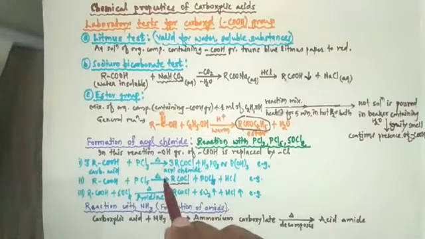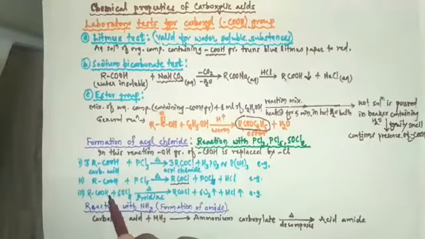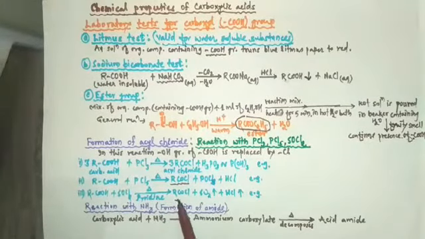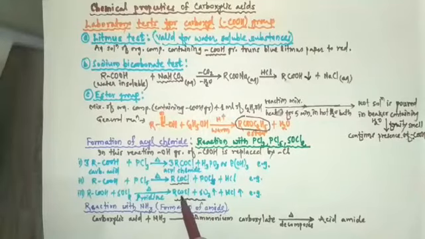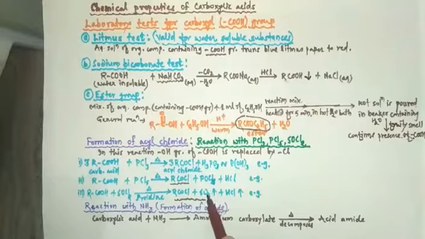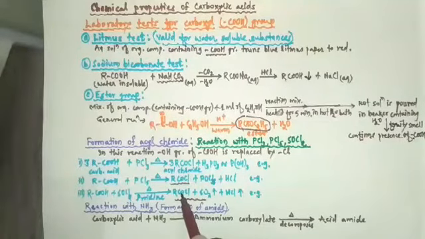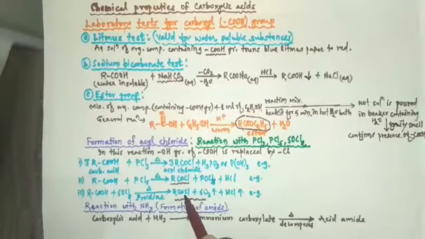Among these three methods, this is the industrial method to prepare acyl chloride, because the byproducts formed are gases. That's why this reaction is used to prepare acyl chloride in industry.